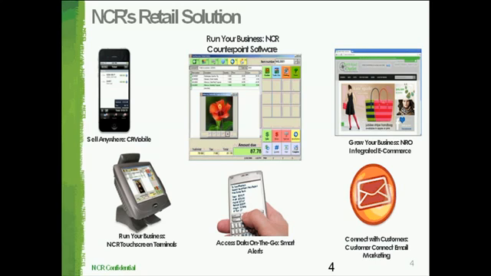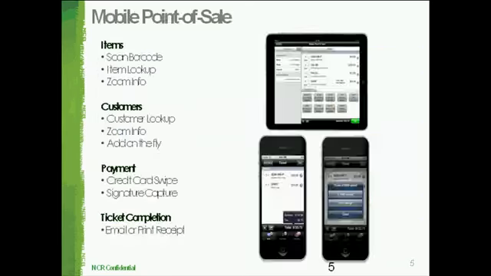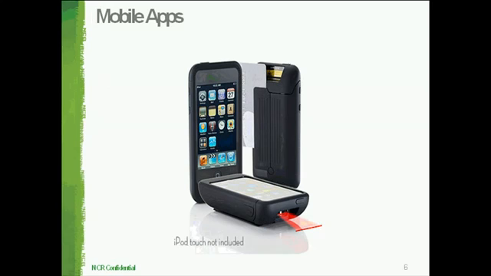The last one I want to mention, in fact, I've got a couple of additional slides, is CP Mobile. CP Mobile is a way for you to use an iPhone, an iPod Touch, or even an iPad. And with these devices, we give you a couple of different pieces of functionality. The first one is point of sale.